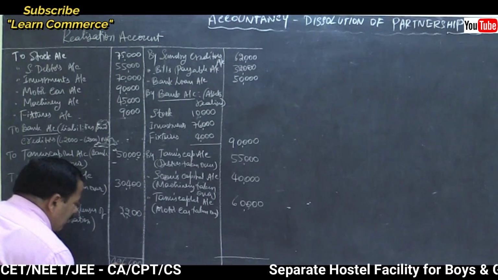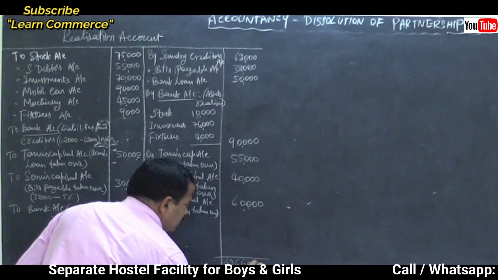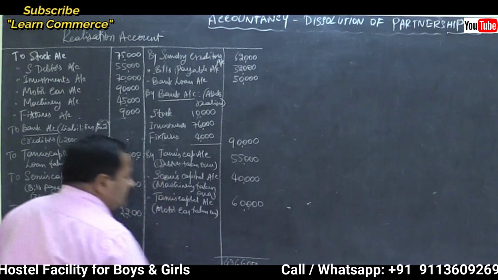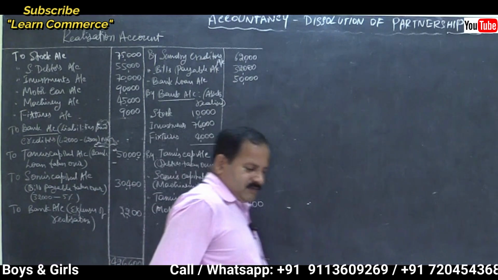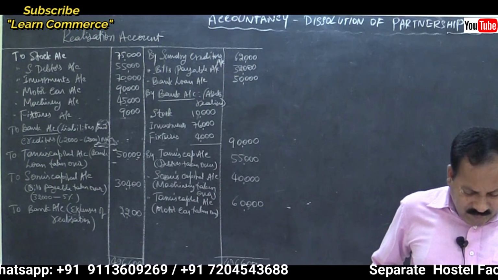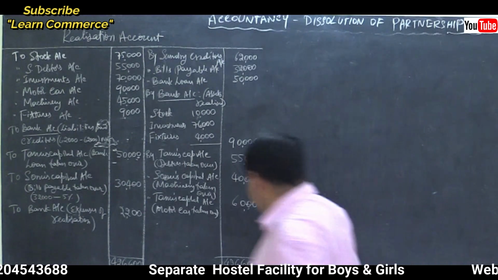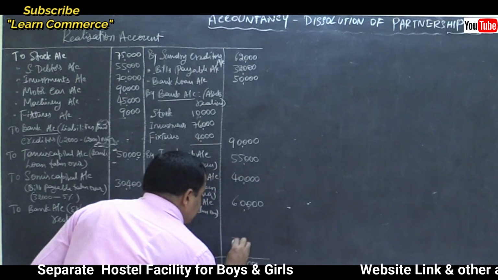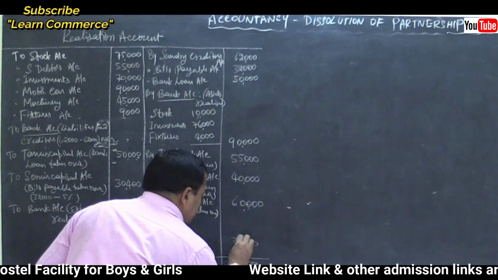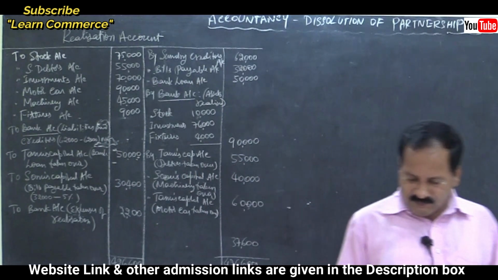Write the same total on the other side, 426,600. What's the amount of difference? 37,600 is the difference. Yes.